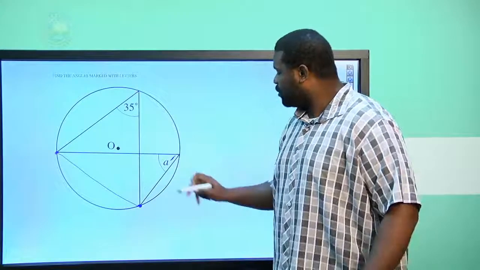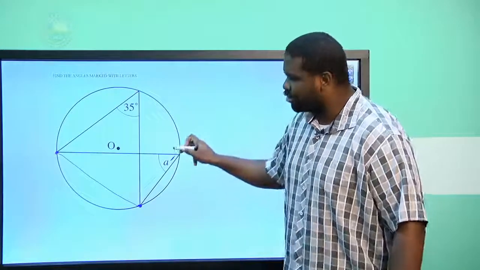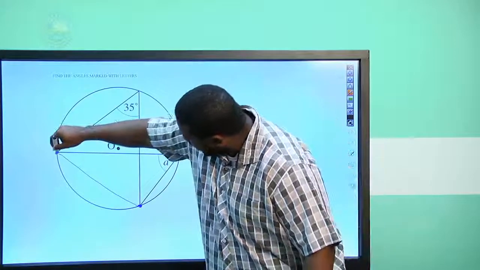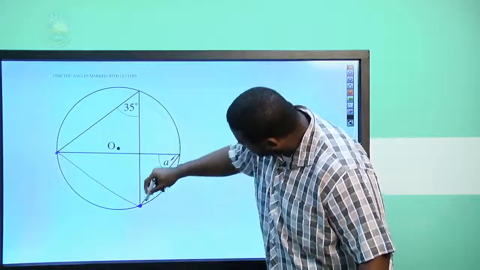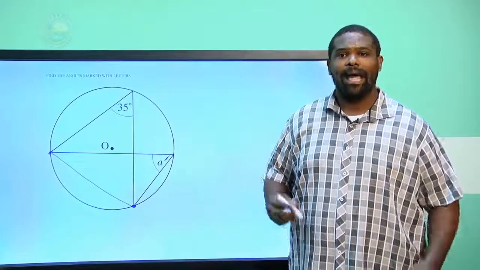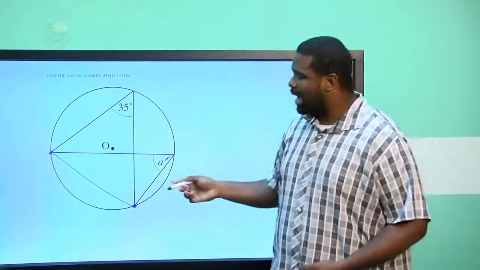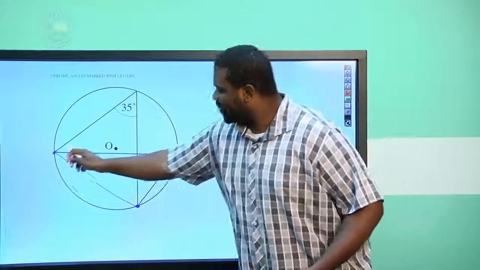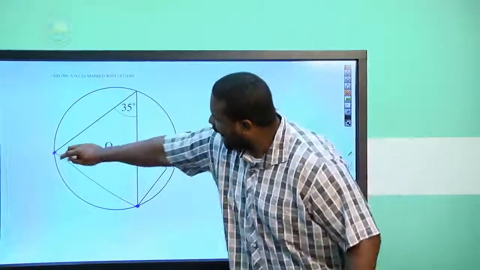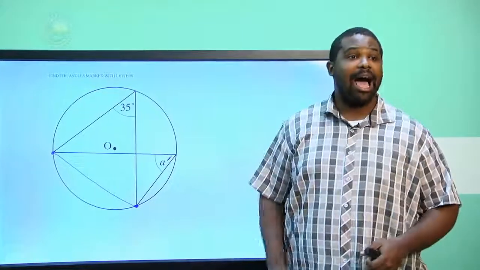Now, what do we know about A? What chord is creating A? Well, if we trace it back, we realize that the same chord is actually creating A. And what does the rule say? All angles subtended by the same chord in the same segment at the circumference are equal.